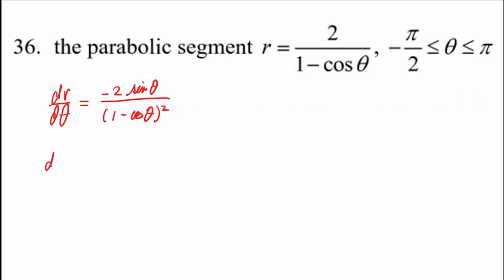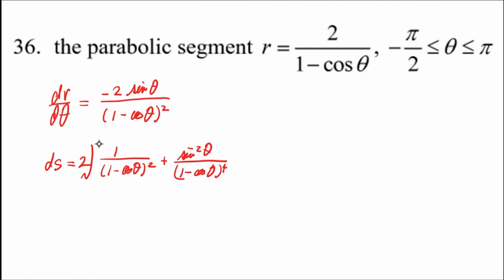Okay, and then ds is the square root of this thing squared plus that thing squared. So we'll have 2 outside, and then we'll have 1 over (1 minus cosine theta) squared plus sine squared over (1 minus cosine theta) to the 4th power, d theta. Good.